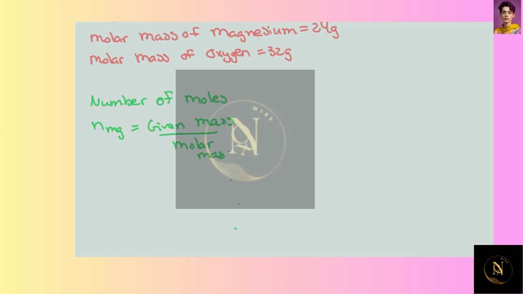Using substitution, the given mass is 10.1 grams, and the molar mass is 24 grams per mole. And when we take that 10.1 divided by 24, we get 0.42 moles, rounding to 2 decimal places.